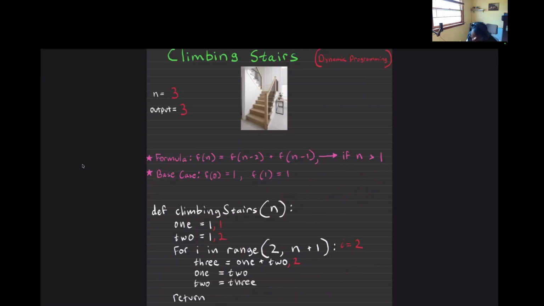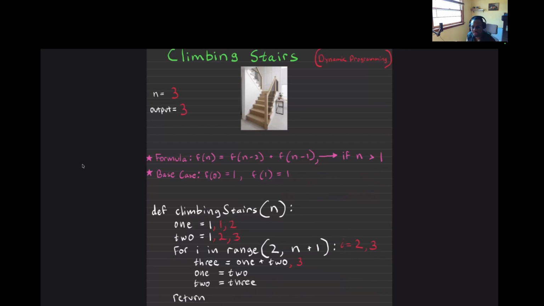We continue on in the loop. I becomes 3. Three is equal to one plus two, quite literally the value 1 now plus the value 2, so three is equal to 3. One is equal to two now, and then two is equal to three.